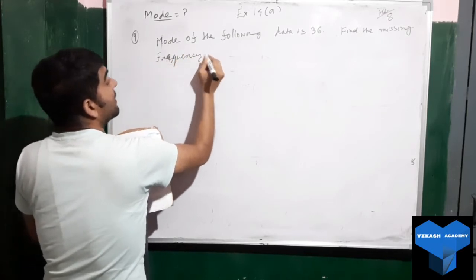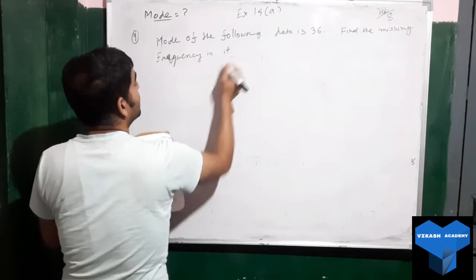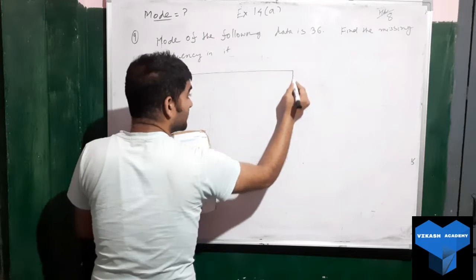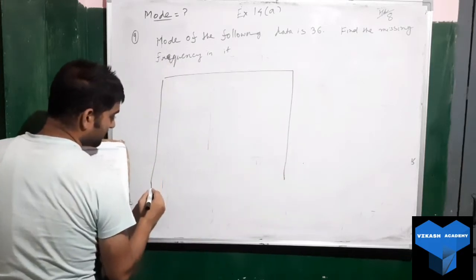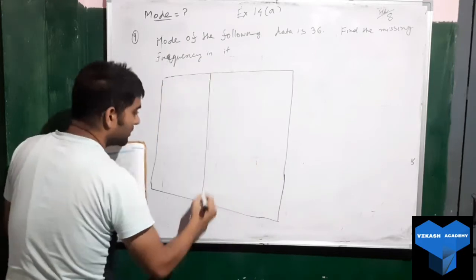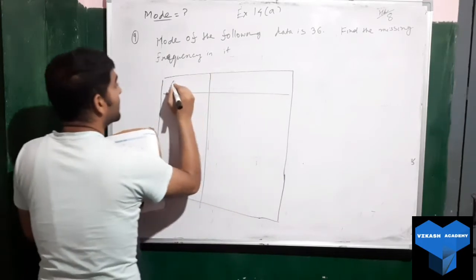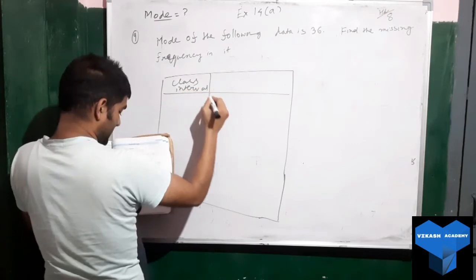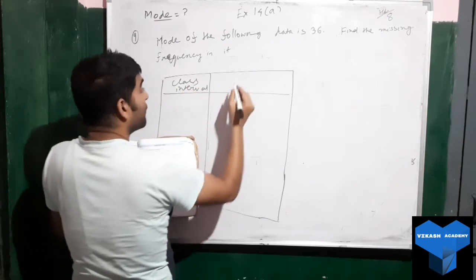So we have here a table: class interval, and from this side we have frequency.